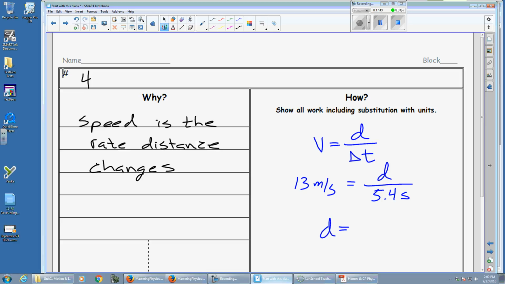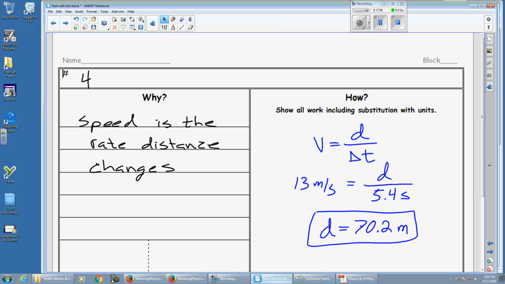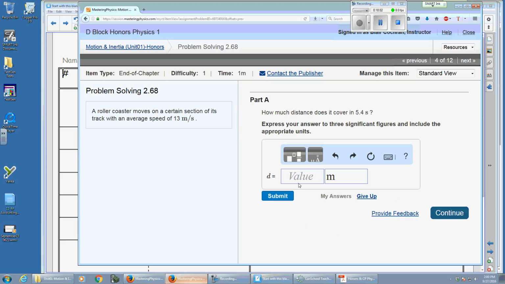And I got 70.2 meters. You got it? Well, let's hope I got it right.